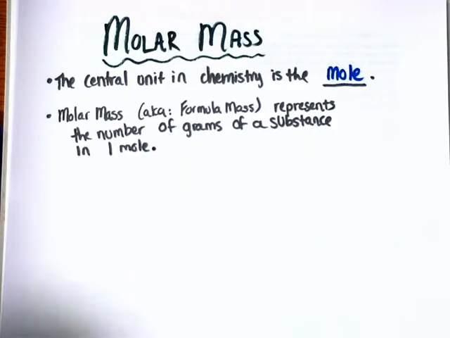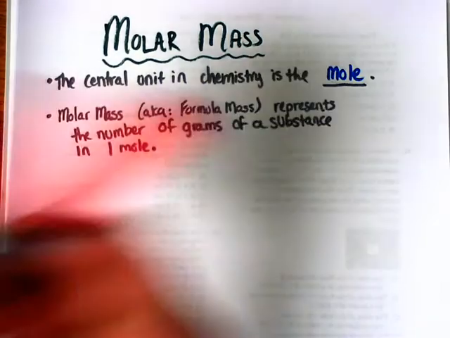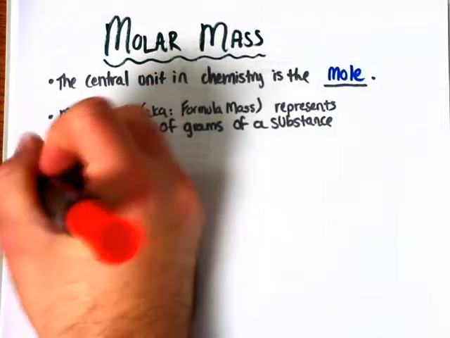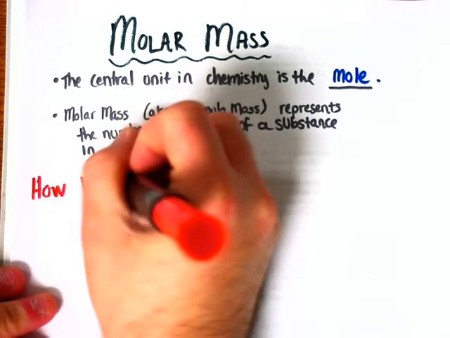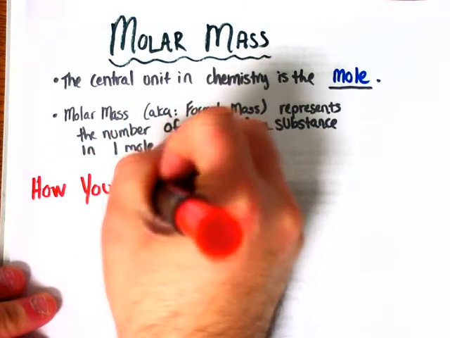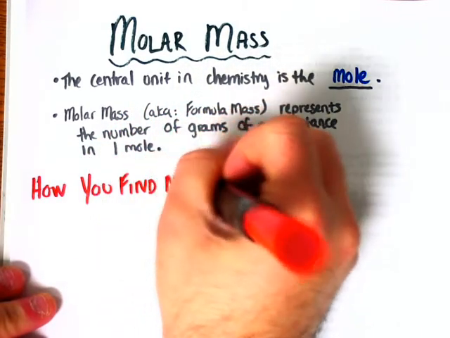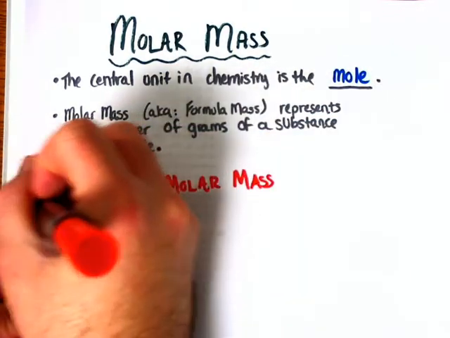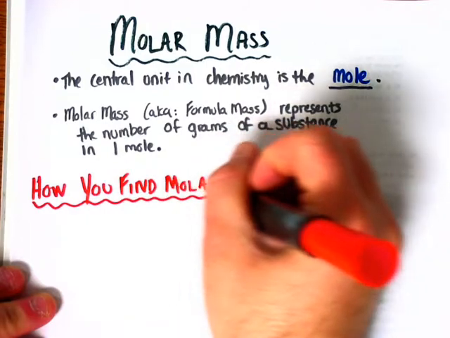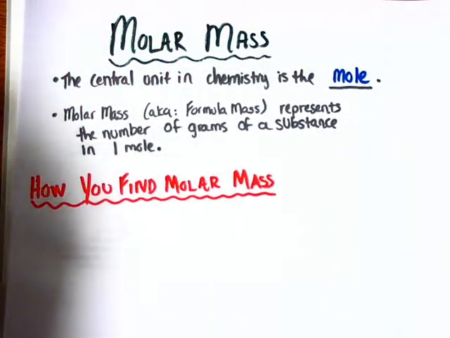So let me show you how to do this real quick. I want to go through some examples on how we find molar mass. And we'll take something simple and then we'll work our way up.